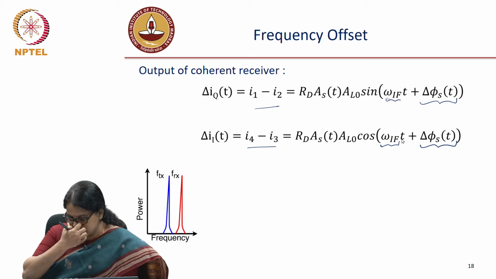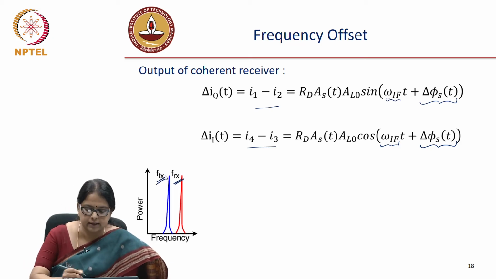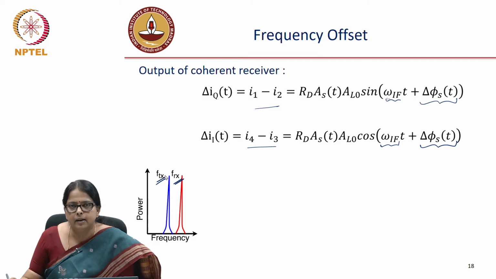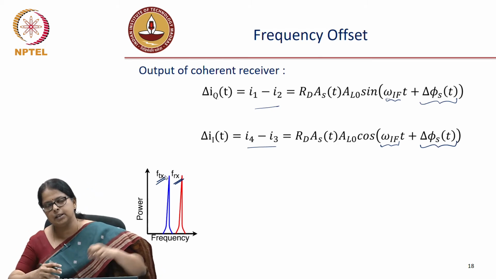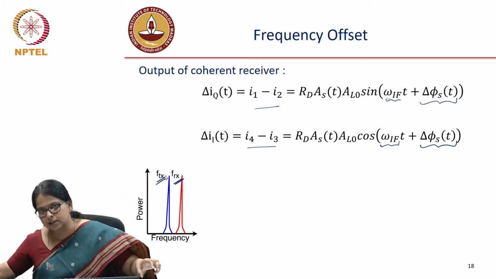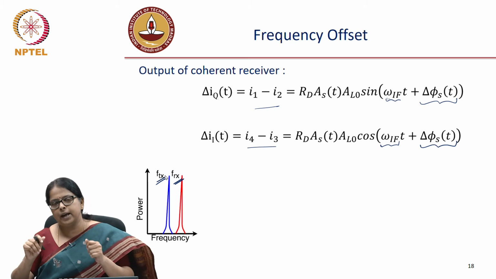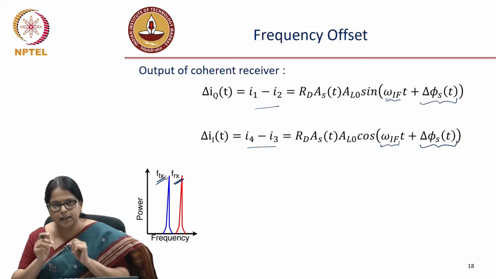So, let us say the signal laser is at frequency FRX and the local oscillator is at a frequency FTX, and these are two different lasers, because the transmitter is kept at one transponder and the receiver is in another transponder, and even though you can tune the lasers very close to each other, it is very hard to adjust the frequency of the laser synchronously.